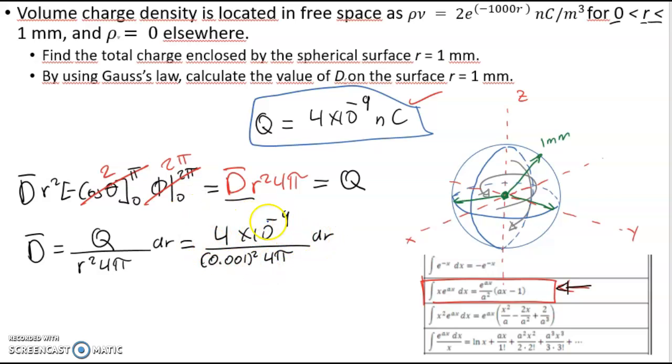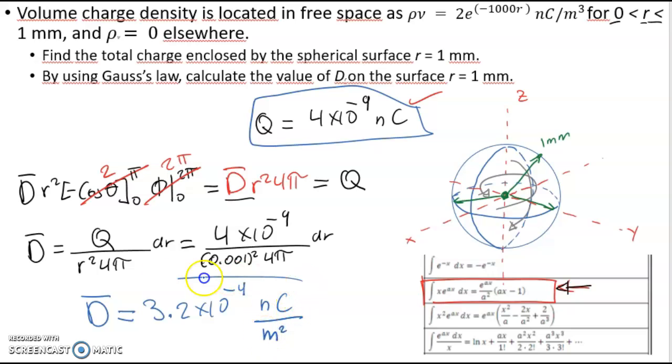If we solve the numerical values in here, we will get that the flux density at the radius equal to 1 millimeter would be 3.2 times 10 to the minus 4 nanocoulombs. Sorry, minus 9 nanocoulombs per square meter. Just like that. That's the answer for part B.